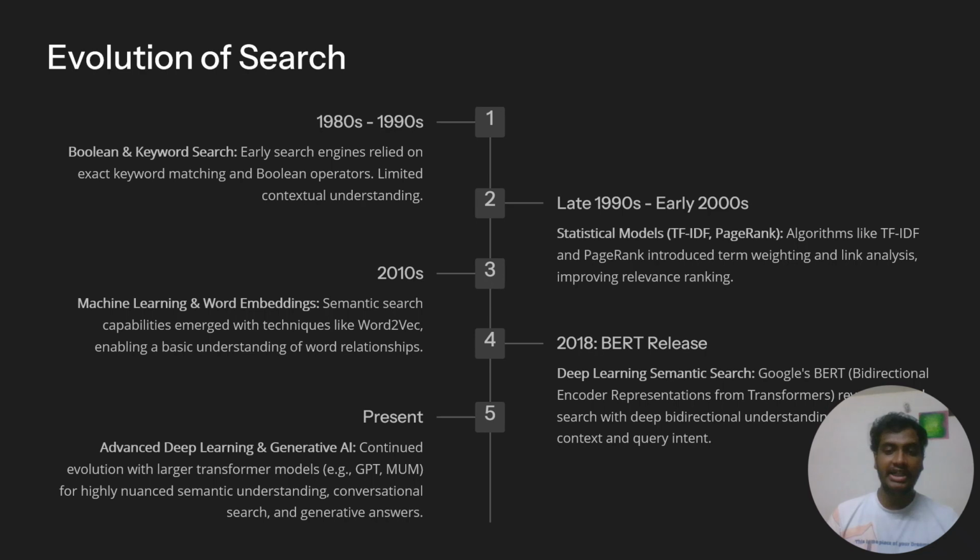And then in 2018, BERT arrived, truly understanding context. Now we have massive transformer models like GPT that can actually talk to us, generate text, and give conversational answers. Remember how Google used to ask, did you mean? Like a question. Now it just knows everything.